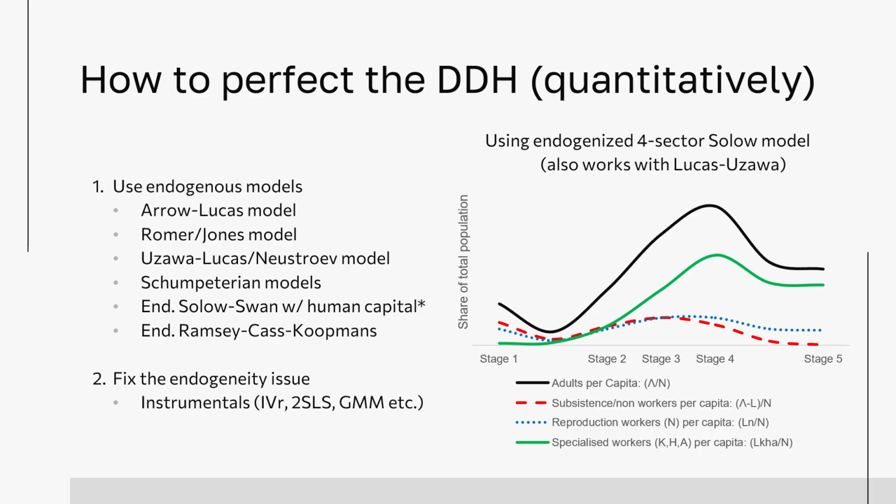So in that regard, one does have a range of options available. There you have the Arrow-Lucas model, that is the AK model, old but gold. The Romer model is also quite interesting, and the Jones variant for those more inclined towards technology as the primary growth driver.